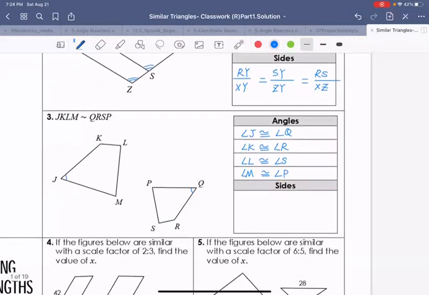Let's figure out those proportions. You have a triangle, you have three things to be equal. You have a quadrilateral, you will have four things equal, okay? Let's go ahead. I want you to use this way, say JK over QR, okay? Let's do that way. So I'm going to write down four fractions.